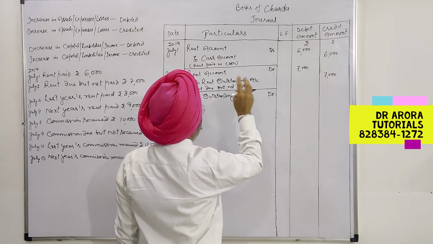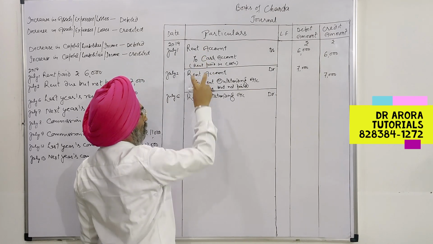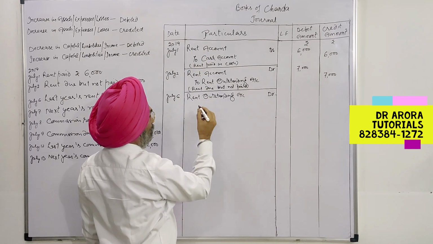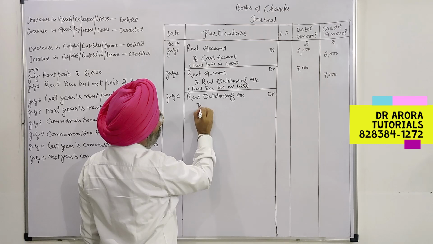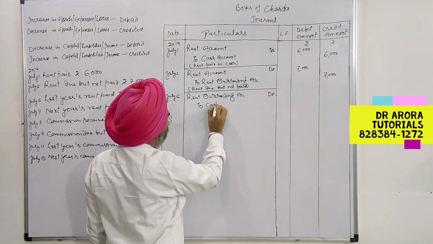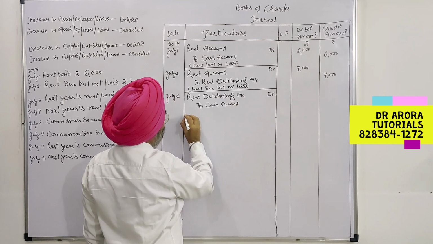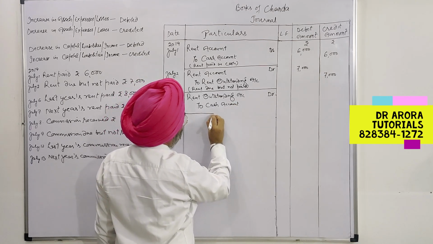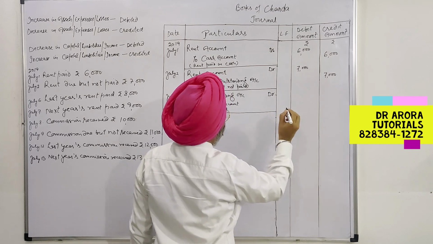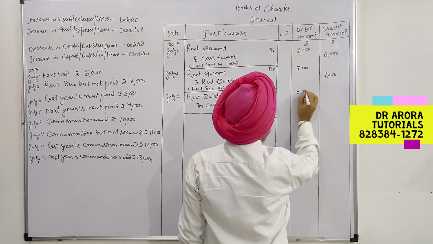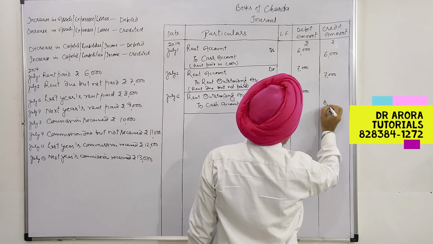It is not current year's rent. When current year's rent is paid, it is a rent account. When last year's rent is paid, it is a rent outstanding account debit to cash account. So this is a decrease in asset and decrease in liability.